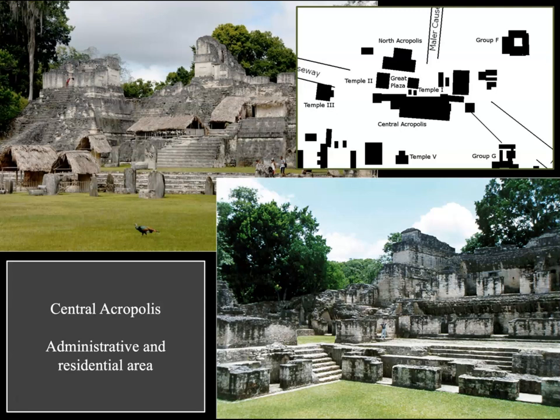So again, we move outside of the Great Plaza and this establishment of these temples built around the seasons and astronomy, and this move into the central Acropolis, which is the administrative and residential area. This would have been an arrangement of palace-like buildings that housed the rulers of Tikal and their families in this central area.